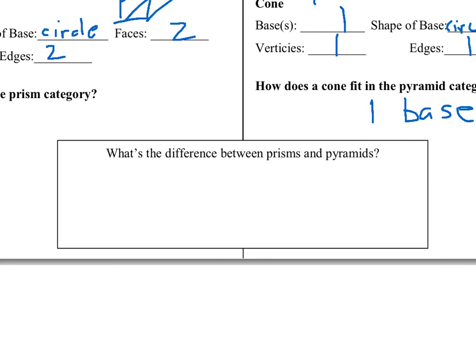What is the difference between prisms and pyramids? Don't call it out. Think to yourself. 15 seconds. What's the difference between prisms and pyramids? I'm going to call on somebody at random, so you don't even have to raise your hand. And it's not going to be very random because I'm just going to pick somebody that I want to call on. So think to yourself, what is the difference between prisms and pyramids? How do I know the difference?